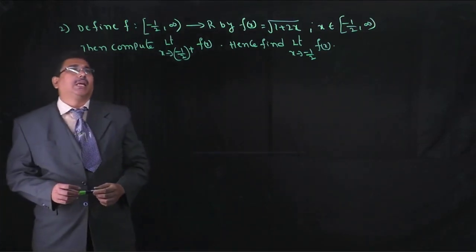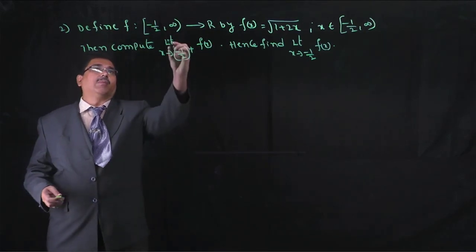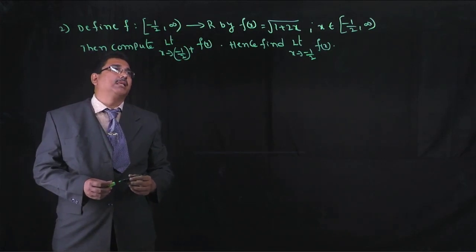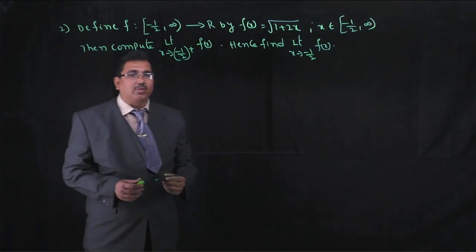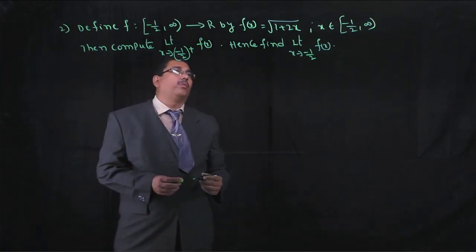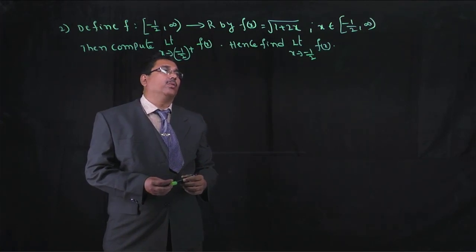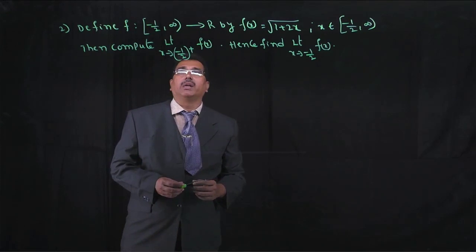Define f mapping from the closed interval minus 1 by 2 comma infinity to the real number set, defined by f of x is equal to square root of 1 plus 2x, where x belongs to the closed interval minus 1 by 2 comma infinity.